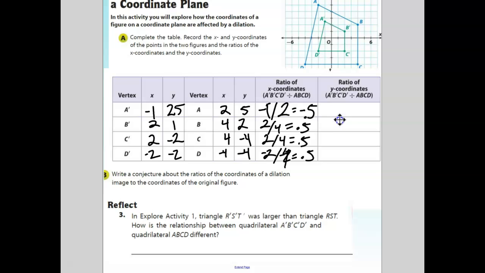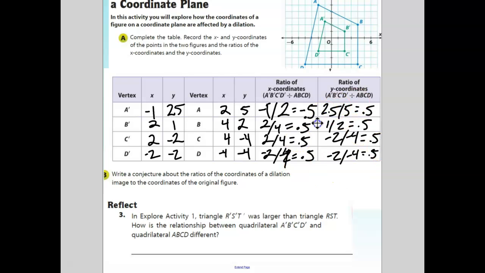So let's see what happens with my y-coordinates. Okay. I'm going to go my image over my pre-image here. 2.5 over 5, and I get 0.5 again. And then I get 1 over 2, which is 0.5, -2 over -4, which is 0.5, and last but not least, -2 over -4 again, and I get 0.5.